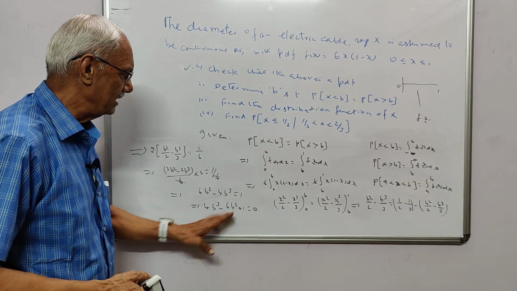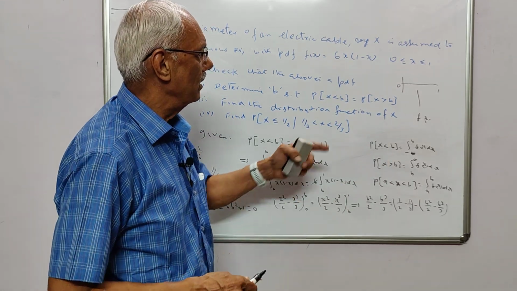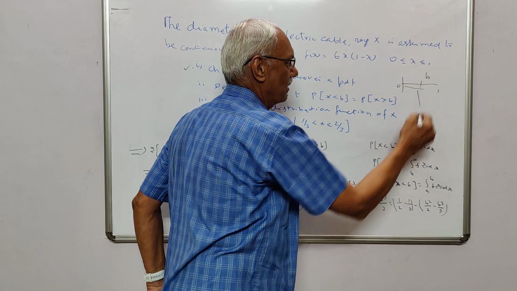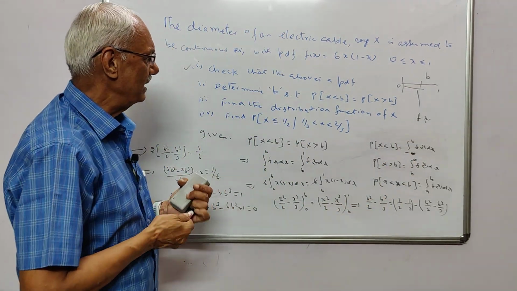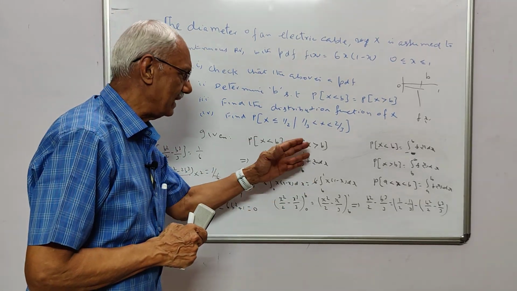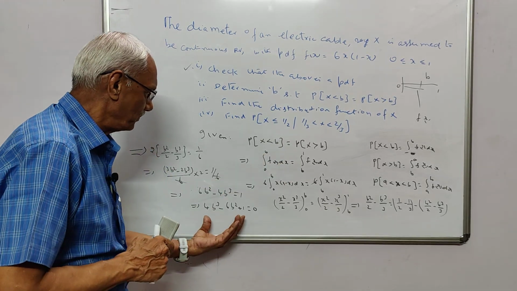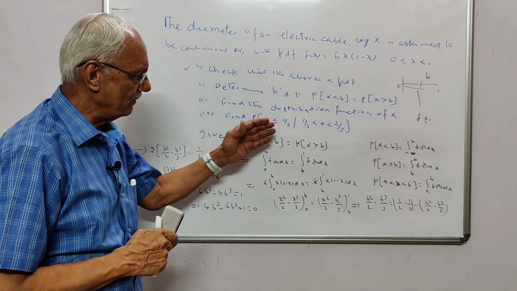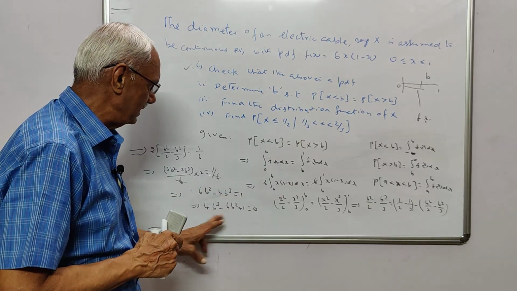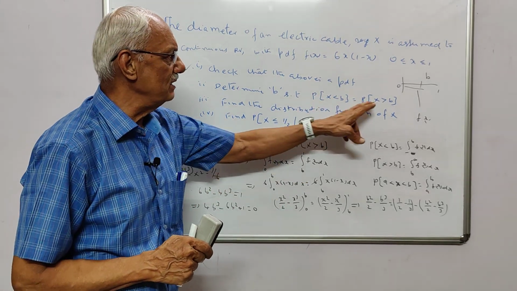This b is a point lying between 0 and 1, and we are calculating the probability. Now the question is, for what value of b does this equation hold? Can you understand?